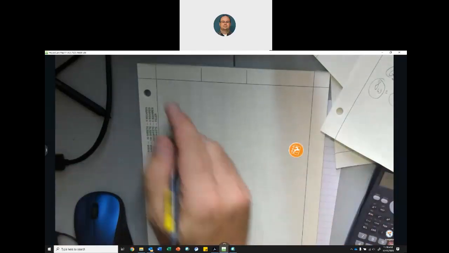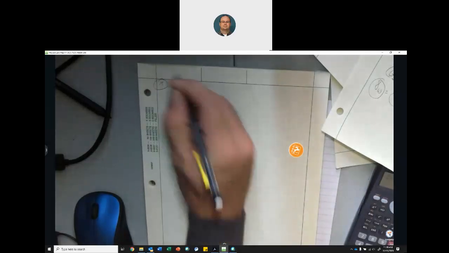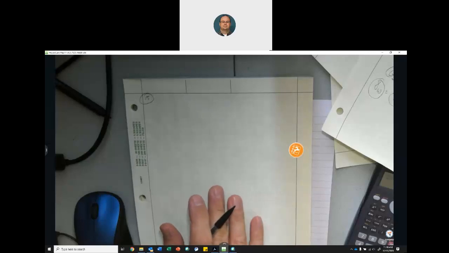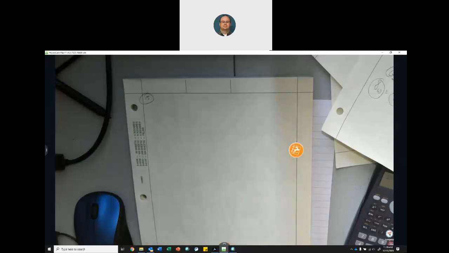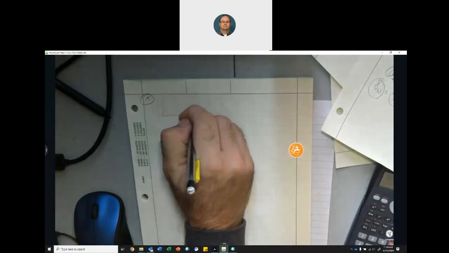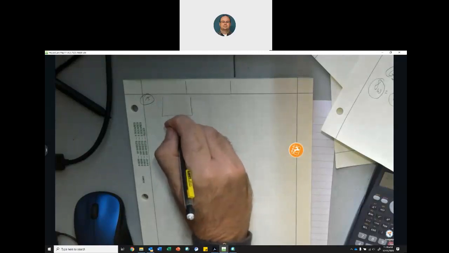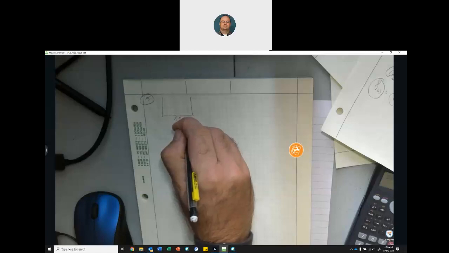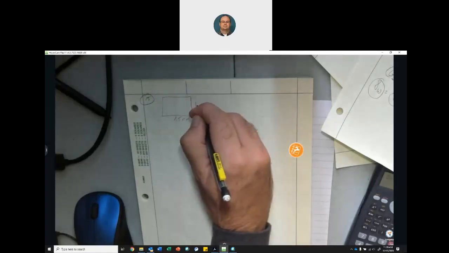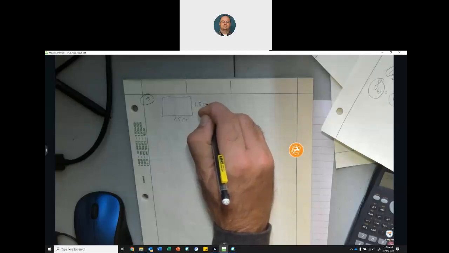Last one, 15. A 1.5 wide by 1.5 long container. 1.5 feet by, obviously this is a square, right?